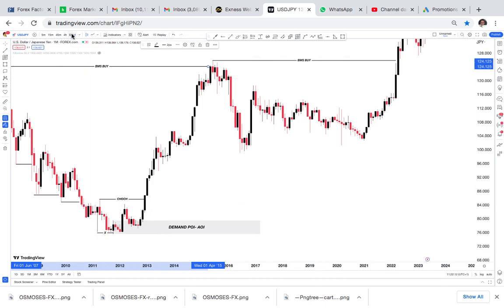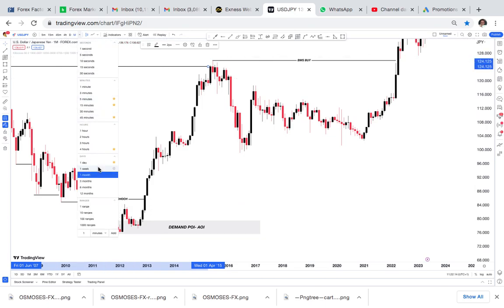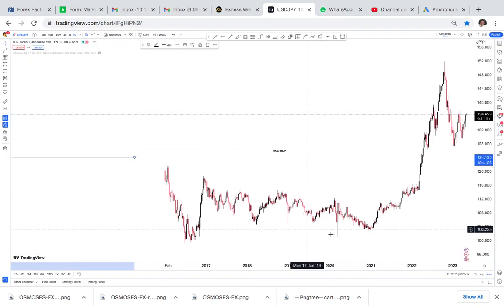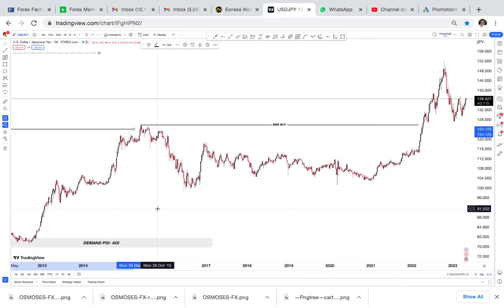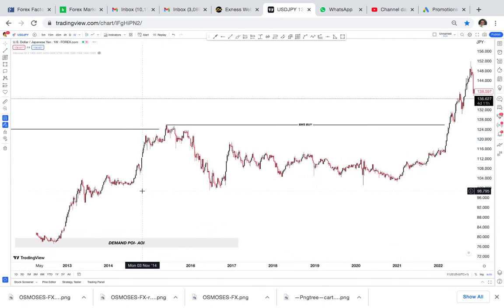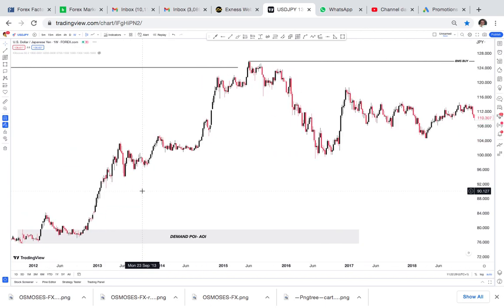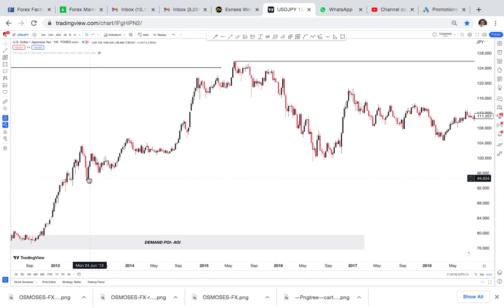So let's go down to weekly and see. So what do we have here that price mitigates? Nothing. I can't really say.